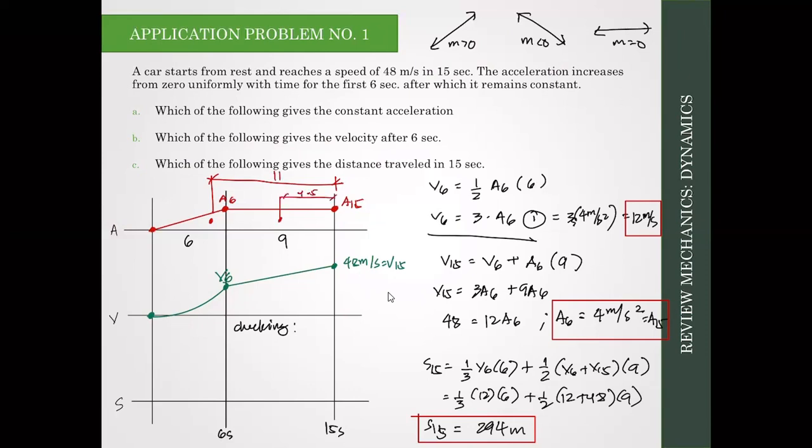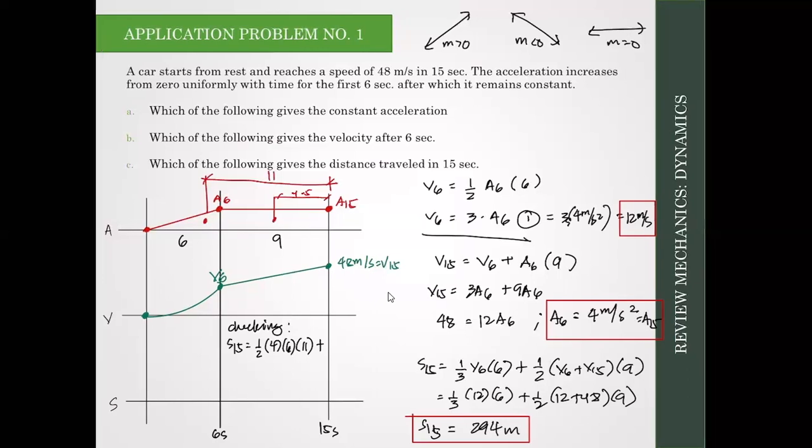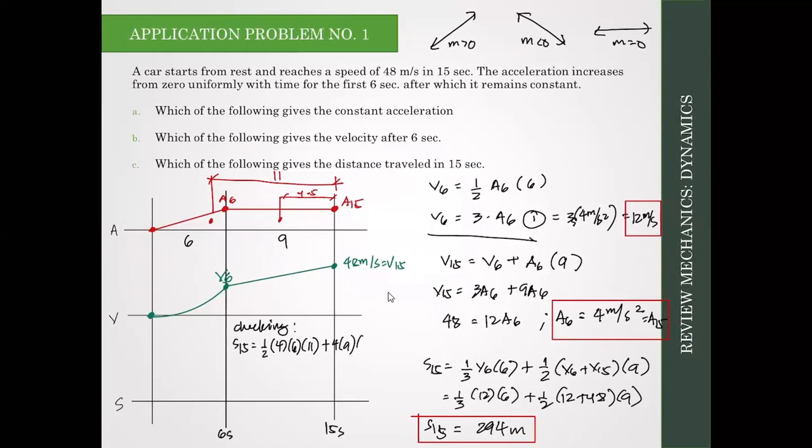So area moment nung acceleration, so S15 is equals to 1/2 yung area ng first curve. So A6 natin is 4 times 6, and then yung distance niya is 11 plus yung area ng kasunod, that is a rectangle. So 4 times 9, and then yung distance, centroid distance niya 4.5.